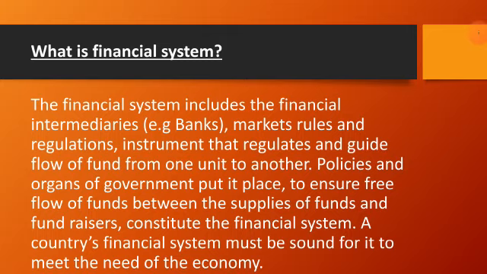Then market rules and regulation, instruments that regulate and guide the flow of funds from one unit to another. In addition, policies and organs of government put in place to ensure free flow of funds between the suppliers of funds and fundraisers constitute the financial system.